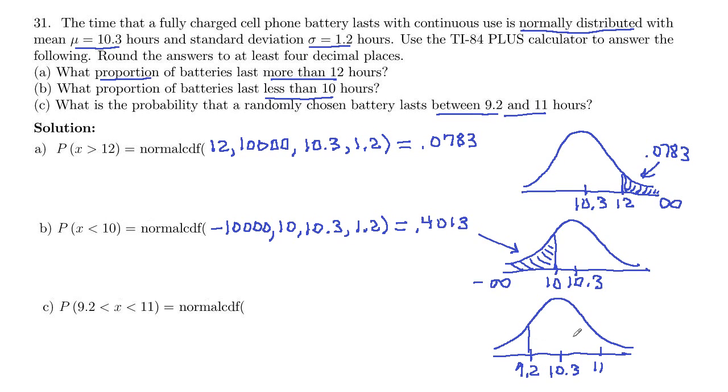And so that probability, probability corresponds to proportion of the data, corresponds to area on the bell-shaped curve. It corresponds to this area here between 9.2 and 11. So that'll be the probability that x is between 9.2 and 11. That's how we write it in symbols. So it's going to be normal CDF, our lower cutoff 9.2, upper cutoff 11, 10.3 our mean, and 1.2 standard deviation.